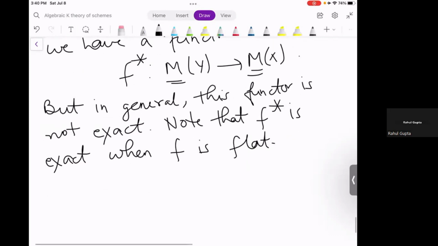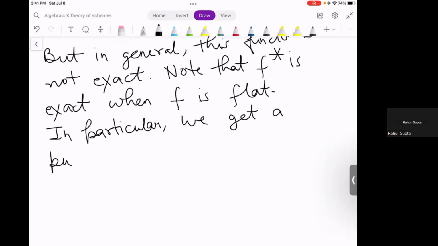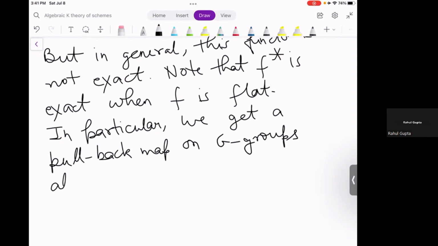So in particular, we get a pullback map on G theory, a pullback map on G groups, but along flat morphisms. So in general, we don't know. Okay.